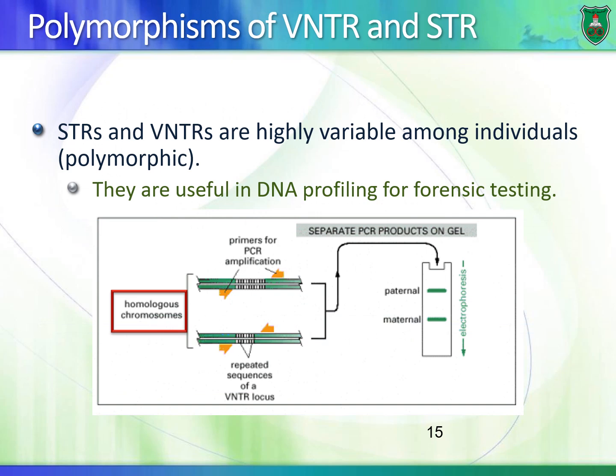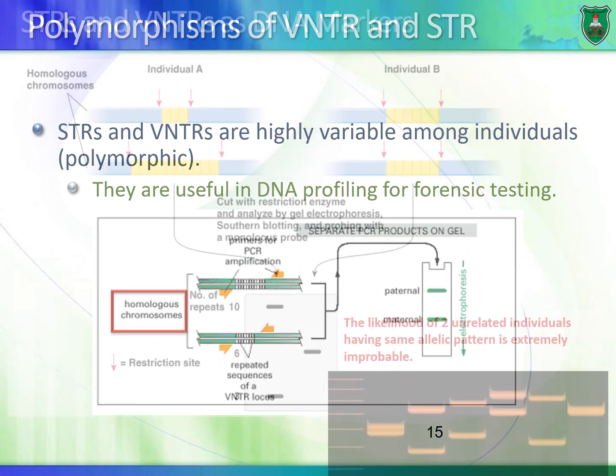Now, this is a cause of polymorphism, that is, different forms of DNA sequences. So you can have, for example, different numbers of VNTRs and STRs on homologous chromosomes, like I showed you in the previous slide. And this has been helpful in forensic testing, because we can differentiate samples of individuals from each other based on this polymorphism.